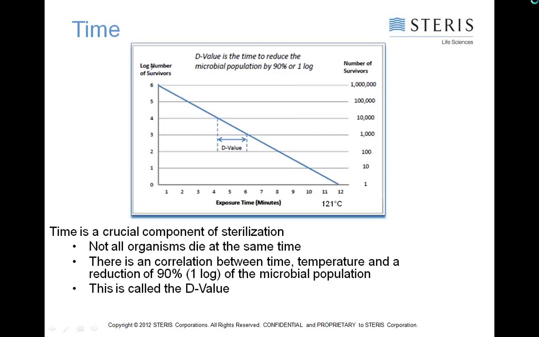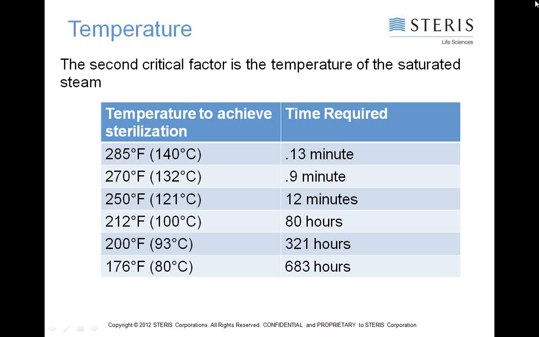12 minutes is kind of a standard at 121 that most labs or pharmaceutical companies use. You can use higher temperatures. We see that more often in hospital settings, where they'll use 4-minute cycles at 132 or 140. Primarily, the differentiator is that in hospitals you're sterilizing a lot of stainless steel.